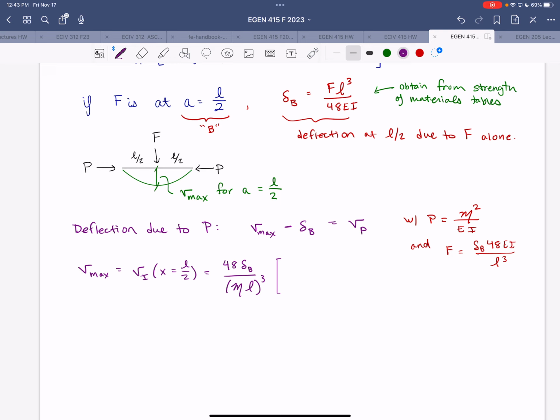And then in brackets, we would have sine squared of ml over 2 divided by sine of ml minus ml over 4. And those are all lowercase m's.